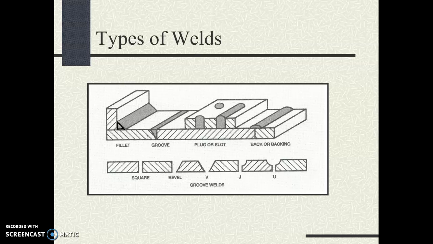Then, when we have two pieces of metal that are butted up against each other, if you prepare one or both of the plates, you can create these different types of groove welds. So this is an example of a bevel groove, where one side of the plate is just left cut off at a 90-degree angle. The other one is angled back, and so it leaves an opening.